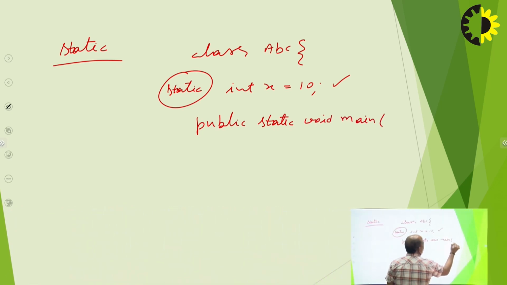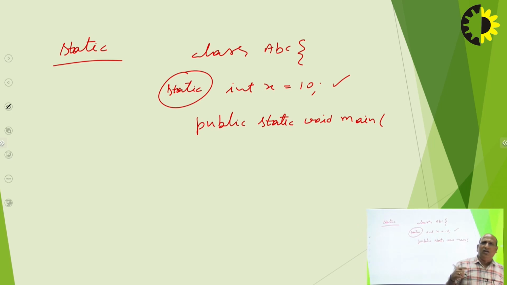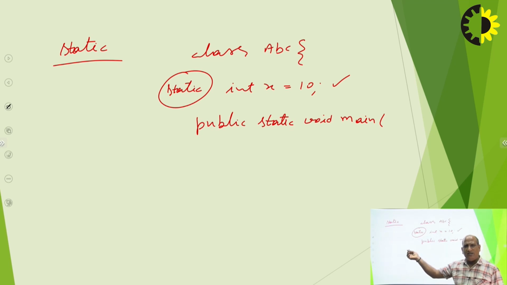One thing to remember: you can put your main function within the same class, or you can write this main function in some other class also. In the previous example, I created this main function in another class, and here I am creating it within the same class. In this main function, I have written String args.